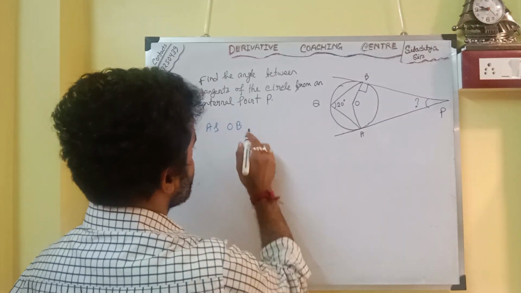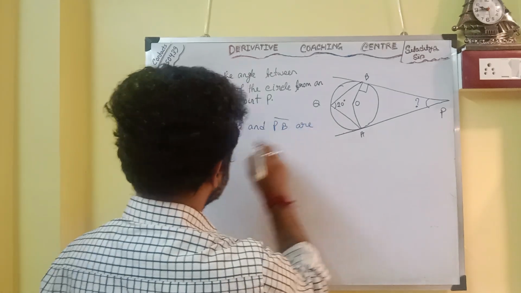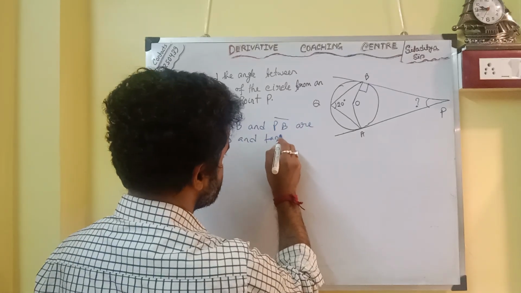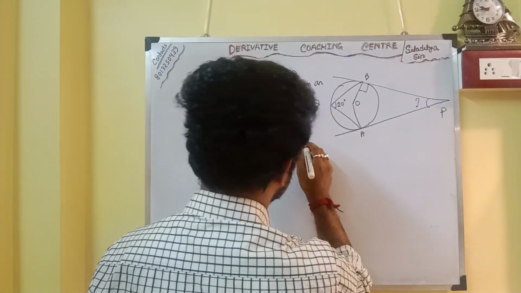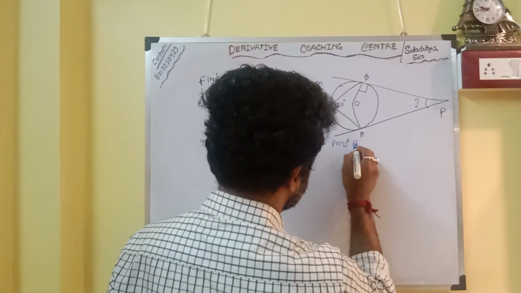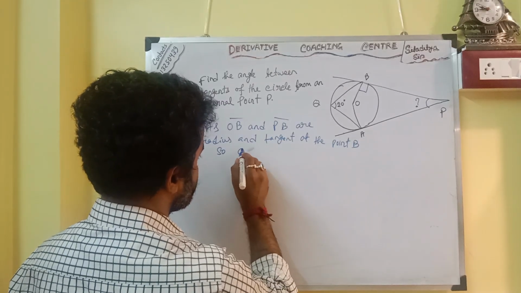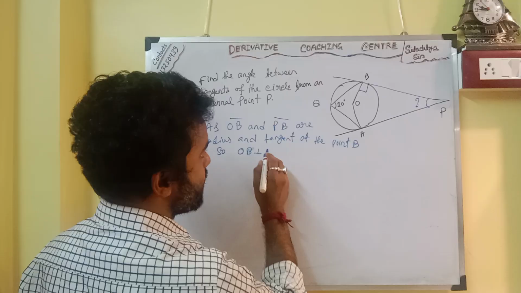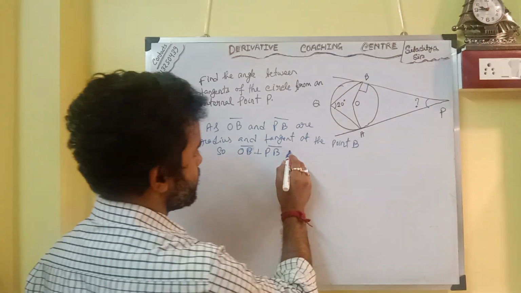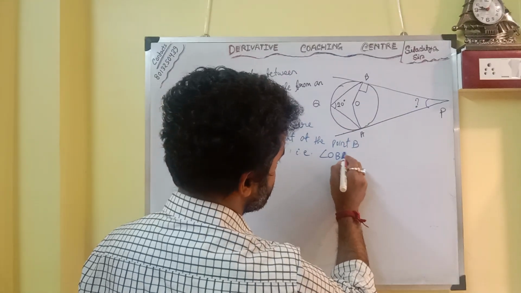So as OB and PB are radius and tangent at the point B, OB is perpendicular to PB, so angle OBP is 90 degrees.